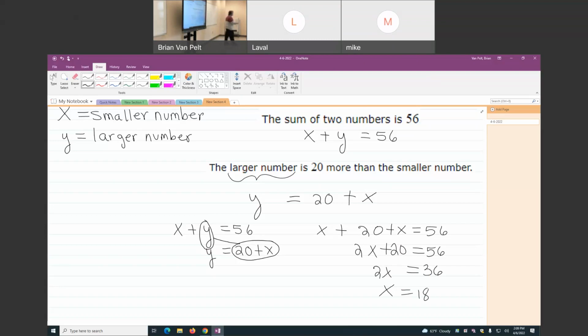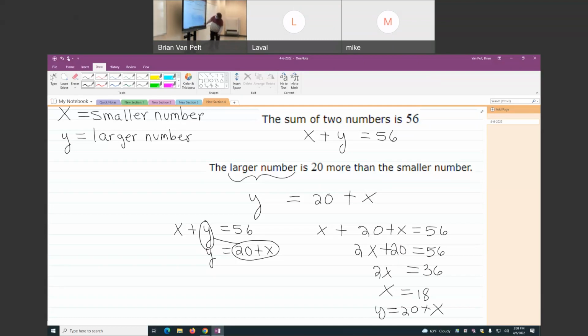So I got half of the answer. How do I get the value of y? You remember, y was already solved for. So you would be very inefficient not to use that particular equation to get your answer. Remember, 20 plus x.